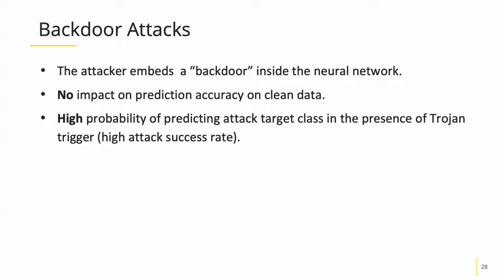So the question is how these attacks are happening, what kind of vulnerabilities are exploited by the adversary to mount data or model poisoning attacks. Basically, these poisoning attacks are possible because for complex applications, typically the size of the neural network is very large.